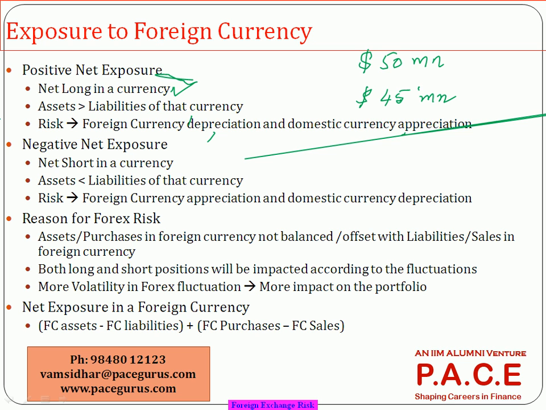If your raw material price goes up, even your final sales price also will go up. So the kind of loss you are getting is pretty much minimized. So you have to make sure that the combination of the assets plus purchases in the foreign currency should be neutralized with liabilities and sales in the foreign currency. That is where we talk about the net exposure.